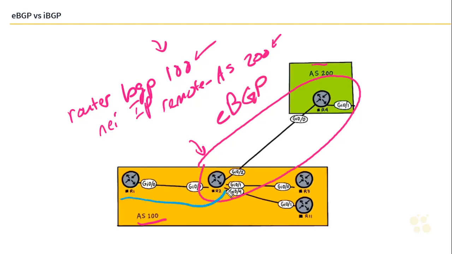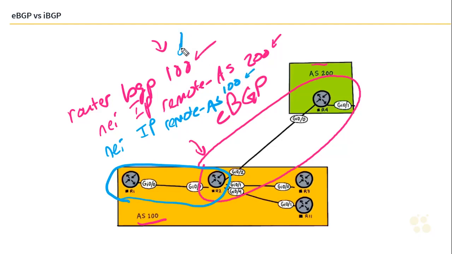Let's now pretend we wanted to build a peering right here between R1. R2 enters router BGP 100, again knowing that its autonomous system is 100. We would type in the neighbor command IP address remote AS again, but this time we would type remote AS 100. And because R2 is so clever, it knows that this 100 for the remote autonomous system matches its own autonomous system, therefore it's going to form an iBGP connection.